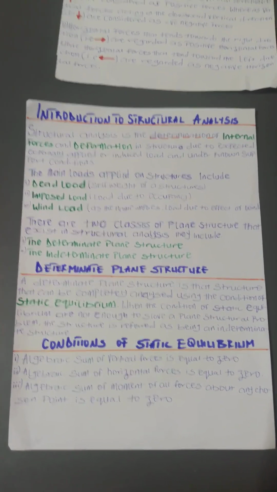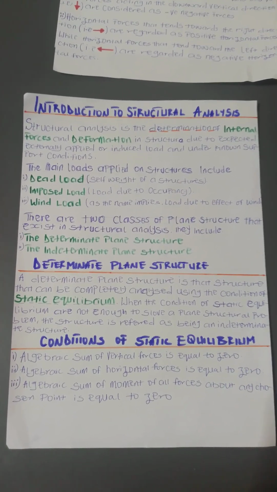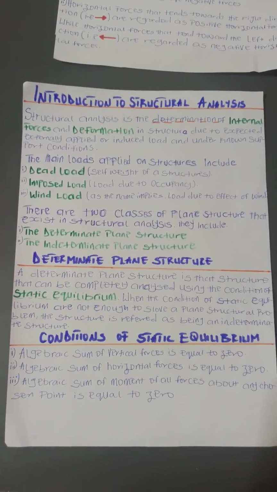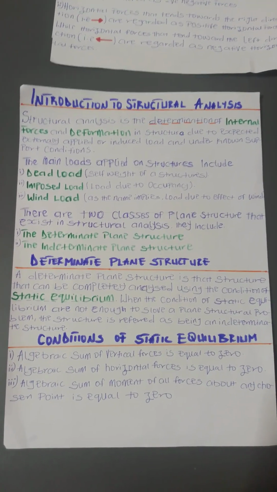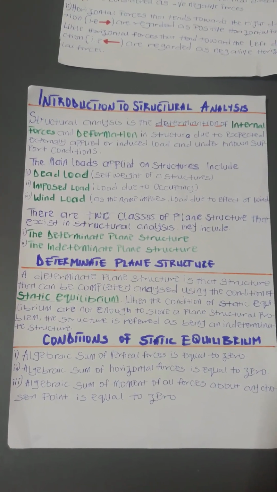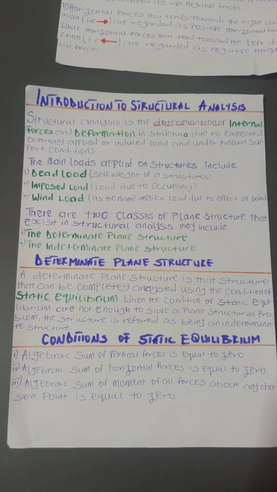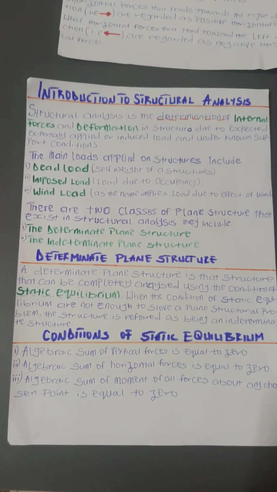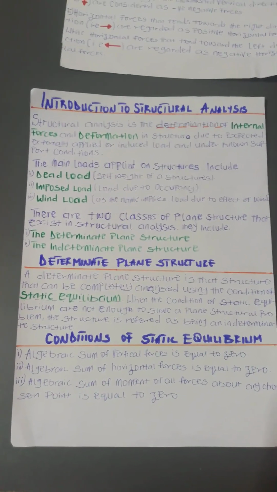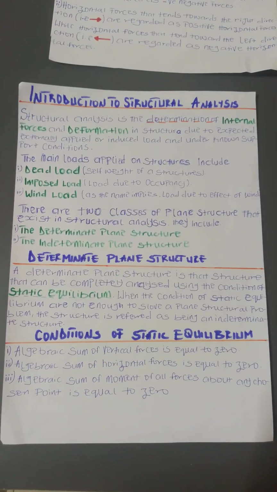So, for a structure to be classified as a determinate plane structure, such structure should be completely analyzed using the conditions of static equilibrium. Contrarily, when a structure cannot be analyzed with the conditions of static equilibrium, such structure will be regarded as an indeterminate plane structure. Now it's going to require more rigorous procedures to analyze such structures.